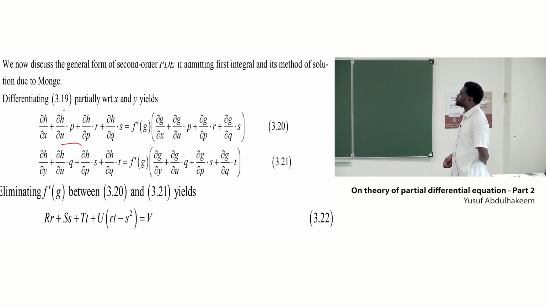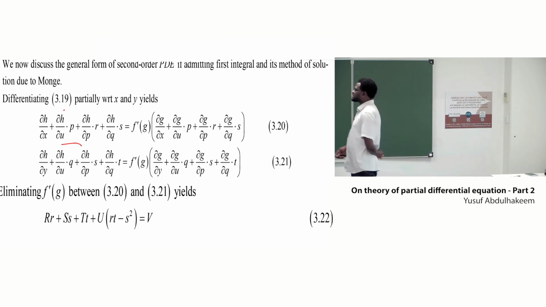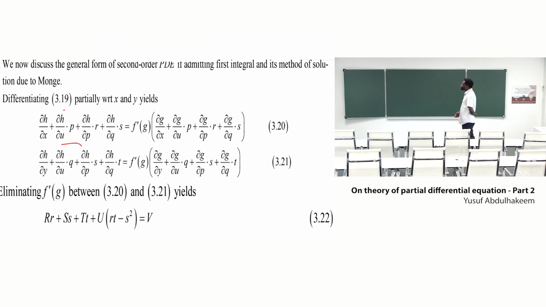So we now discuss the general form of second order PDE admitting a first integral, and its method of solution due to Monge. The Monge method we have earlier explained.